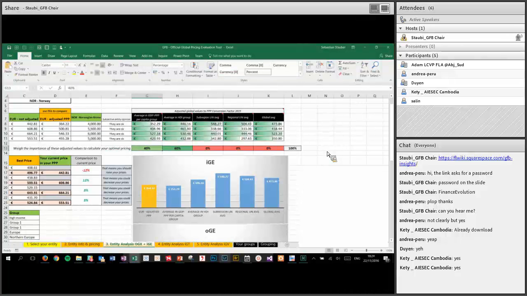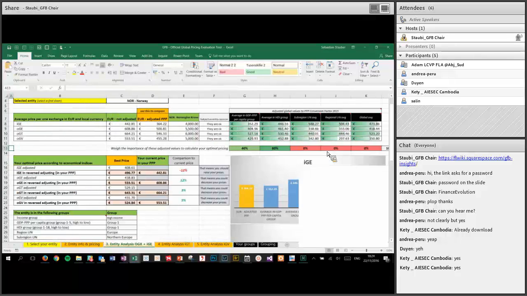Good. And then we can take a look into the best price. Okay, so this is the current price in your local PPP, so not adjusted, the not adjusted value. And as you see, the best price for Norway in IGE is 12% higher. And here it says this means you should raise your prices.